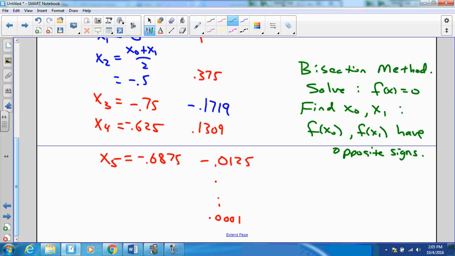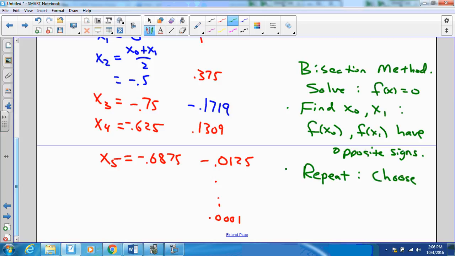And as soon as I have done that, then the intermediate value theorem guarantees that there must be a 0 in between, as long as my f is a continuous function. And that's a pretty modest claim. I just can't have any jumps, that's all. Okay?